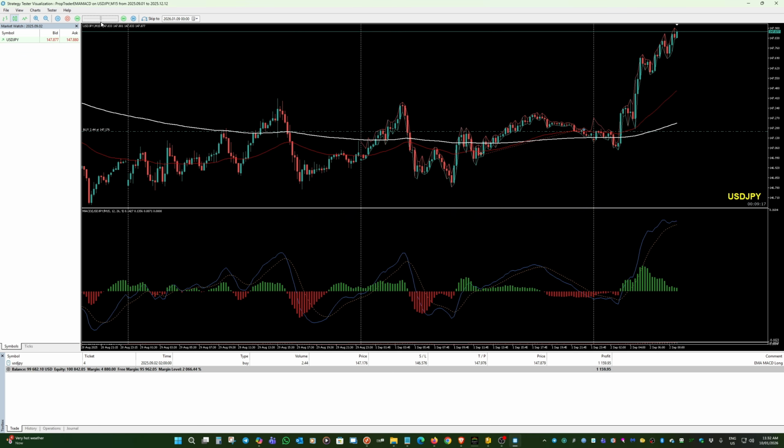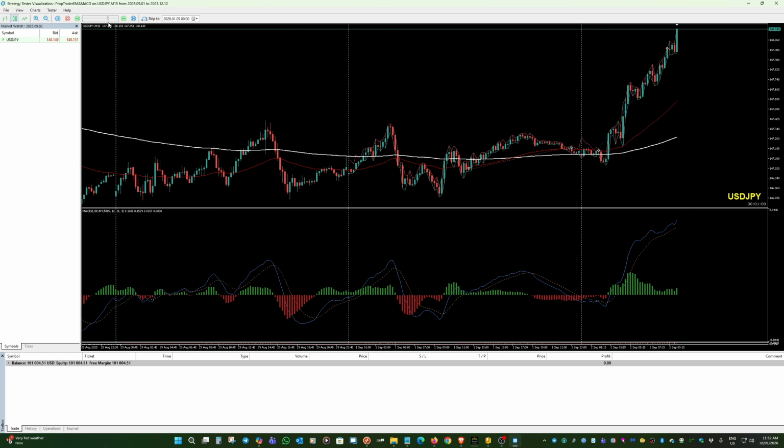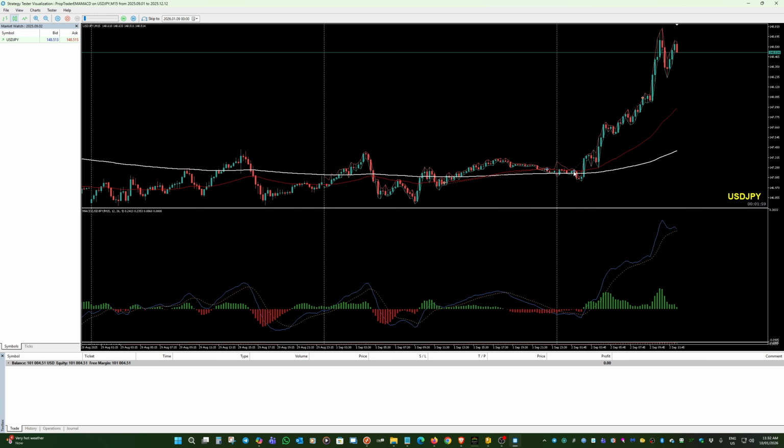So now we are looking for the next entry. So actually we had an entry here for a long. Moving averages are correct, and this actually did turn out to be a winning trade. However, when we look at the MACD, the line actually crossed but then returned back down, then it didn't actually close above. So I'm saying again that this is not correct.